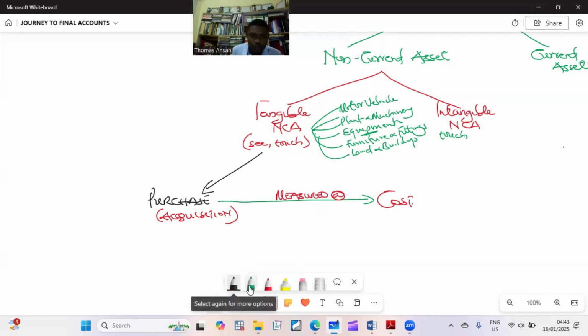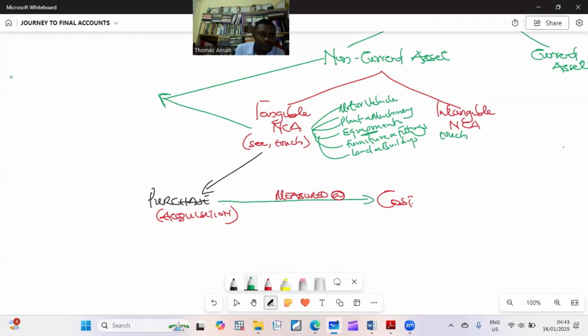Now, before I move further, you do know that these non-current assets we are referring to are the assets that are purchased for production. So non-current assets, we are talking about tangible assets that are used for production of goods and services.